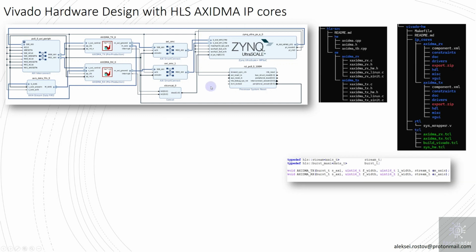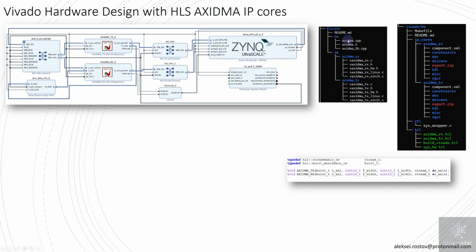As I mentioned before, all sources can be found in the repository. Accordingly, you need to go to some directories in order to find them. For example, the high-level synthesis source directory consists of hardware sources. These are sources used by Vitis HLS in order to build both IP cores and software drivers.